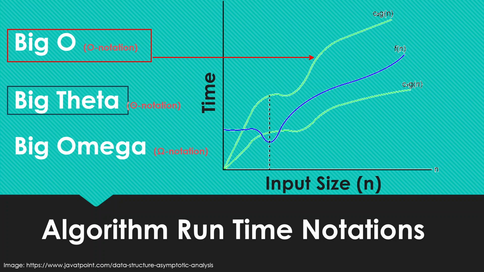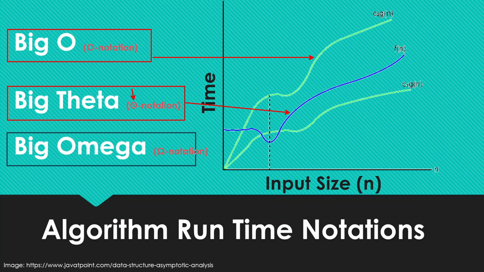Then we have big theta, which normally gives us the average case scenario, and we have the big omega, which normally gives us the best case. At the very best, how is your algorithm going to perform? So those are the three runtime notations that we use: big O, big theta, and big omega.